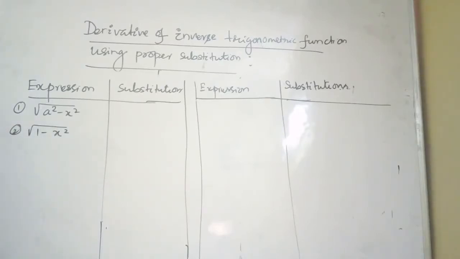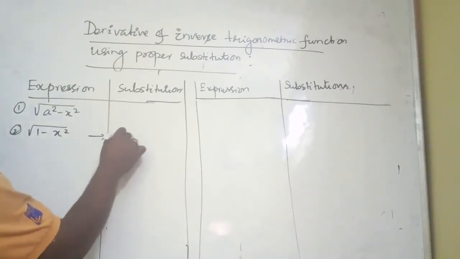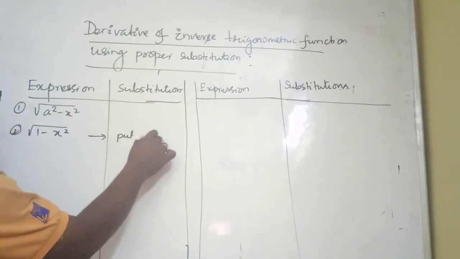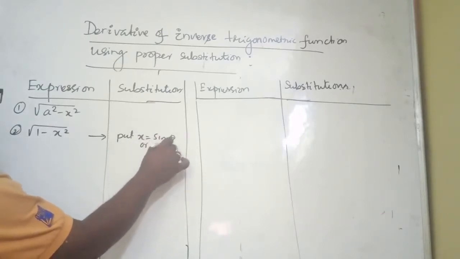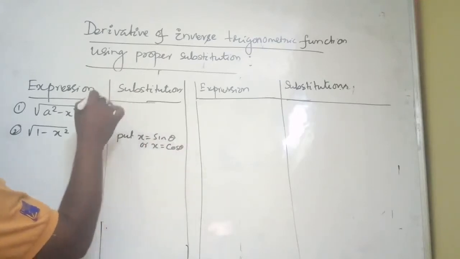Which formula? 1 minus something the square in trigonometry: 1 minus sin square theta or 1 minus cos square theta. Here you put x is equal to sin theta or x is equal to cos theta.